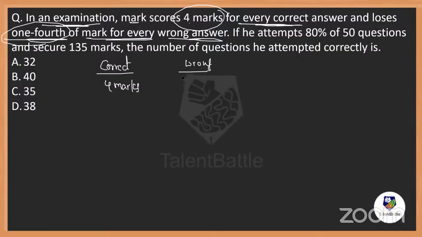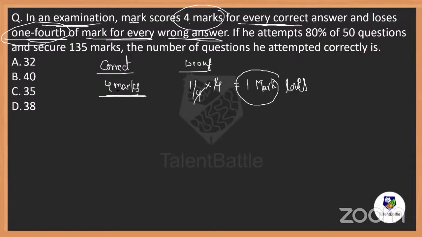What does that mean? Actually, the correct mark is 4, so 1/4 of 4 means how many? 1 mark he will lose. He loses 1 mark if he answers wrong.